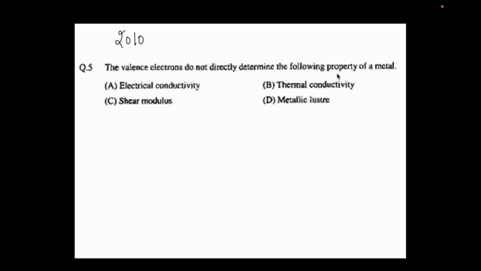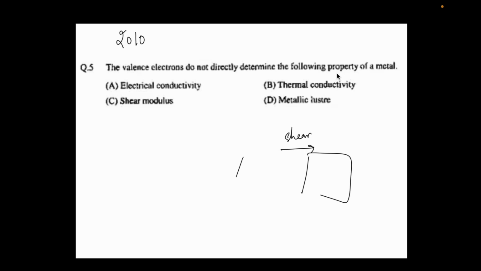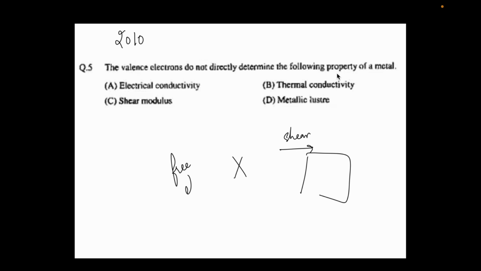And if you look at the shear modulus, now what is shear modulus? Shear modulus is a property that quantifies the material's resistance to deformation under a shearing force, like how the material responds if you apply a force to it. Now, if you look clearly, this should not depend on the free electrons, right?